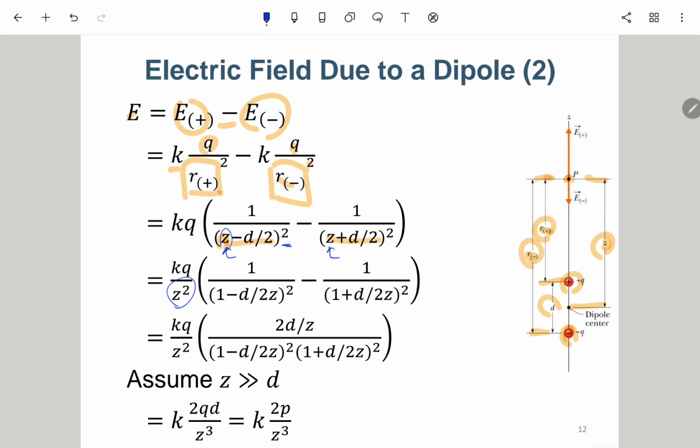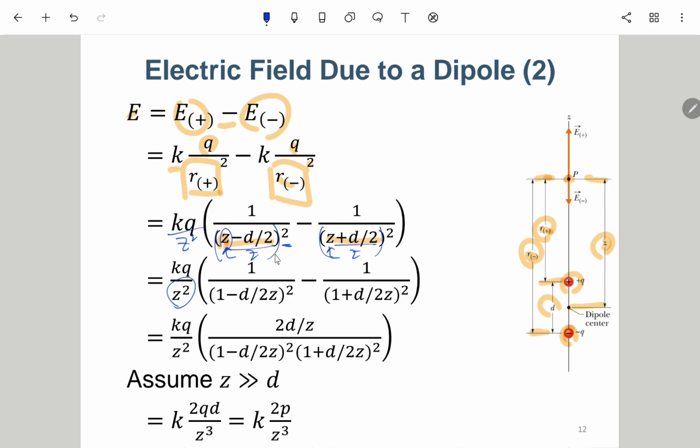We make it like 1 over z square, but in this parenthesis we divide by z. So z over z will be 1, and then here we have d over 2z, and here we have 1 plus d over 2z, something like this. So far we haven't done any approximation. It's only some simple algebra.